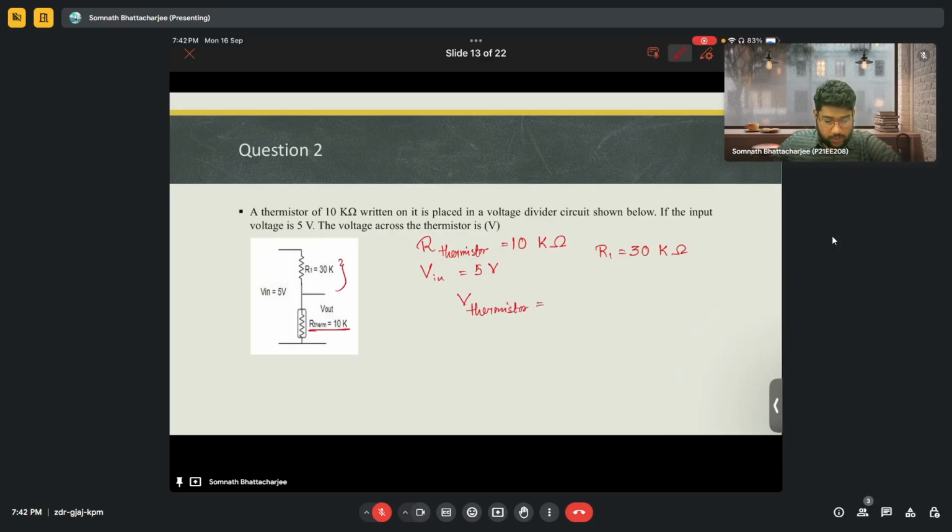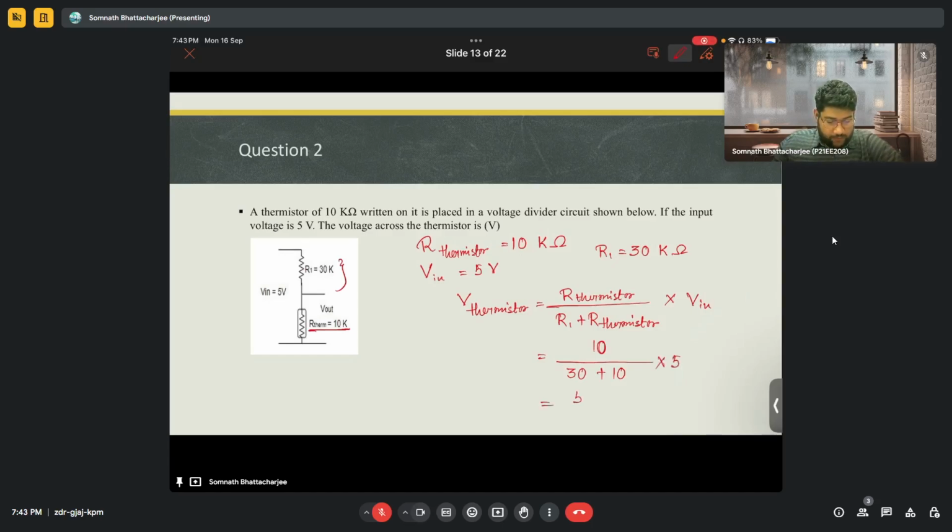The V thermistor will be R thermistor divided by R1 plus R thermistor, so 10 divided by 30 plus 10, multiplied by V in, that is 5.